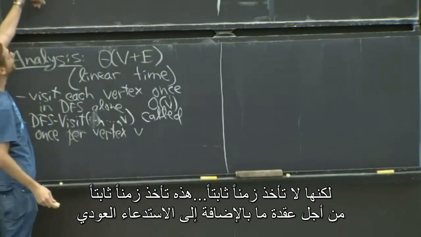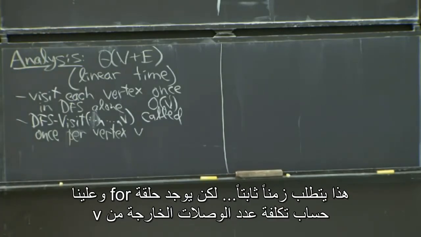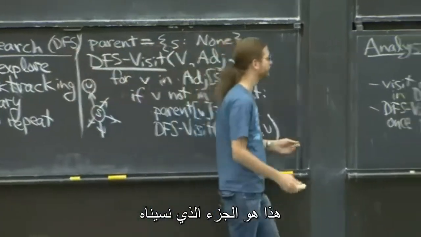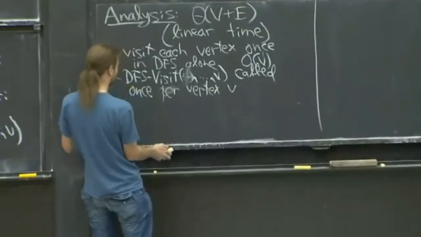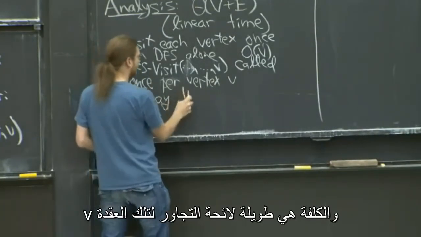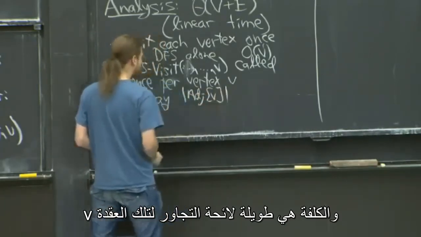This takes constant time per vertex plus a recursive call. This thing takes constant time, but there's a for loop here. We have to pay for however many outgoing edges there are from v. That's the part you're missing. And we pay length of adjacency v for that vertex.